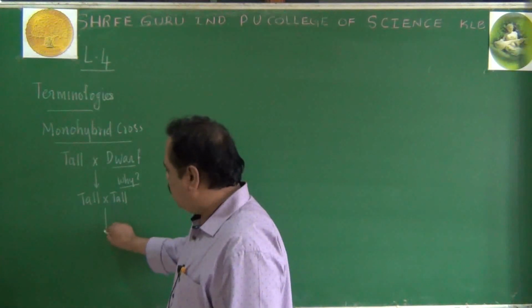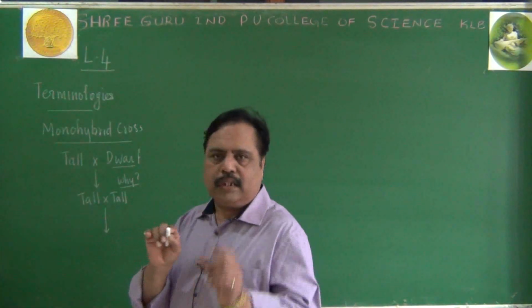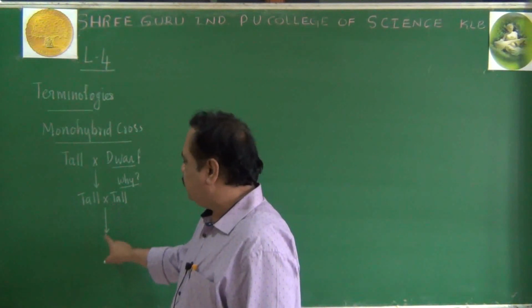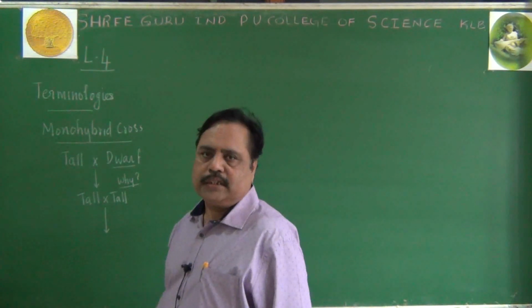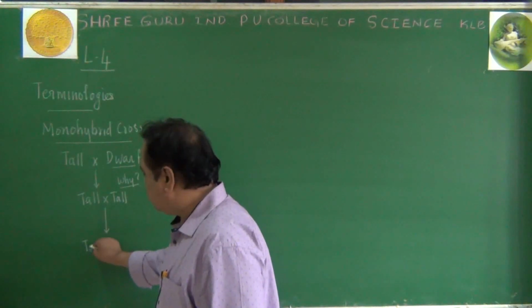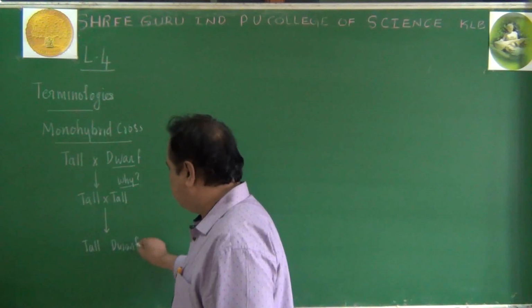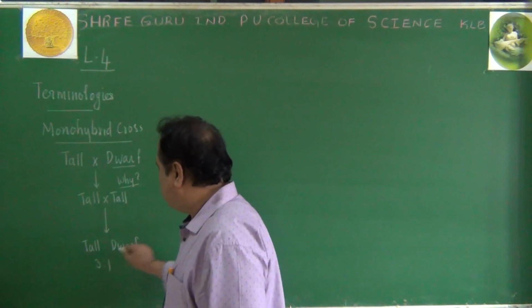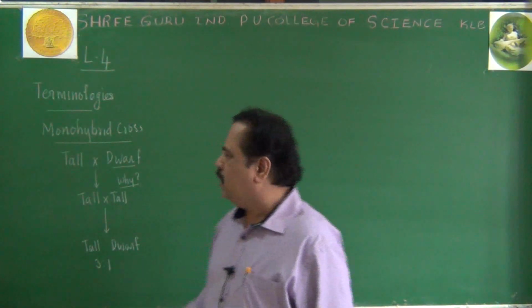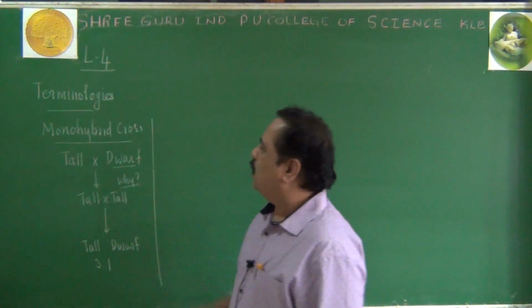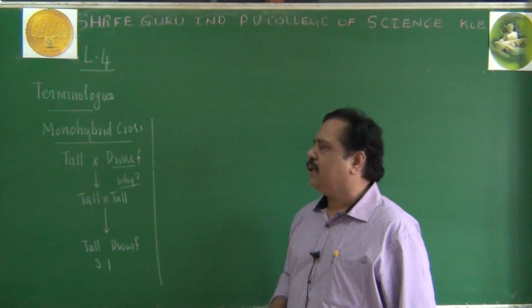I am using the word such, that means two tall F1 offspring were crossed for the second generation. In the second generation, he got both tall and dwarf varieties in a 3:1 ratio.